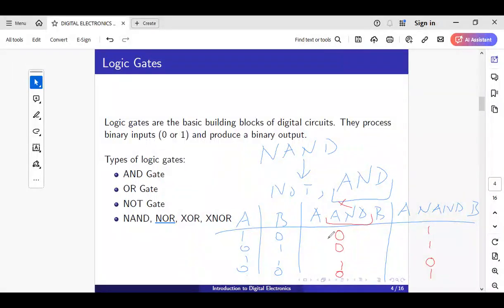So what is the symbol for the NAND gate?